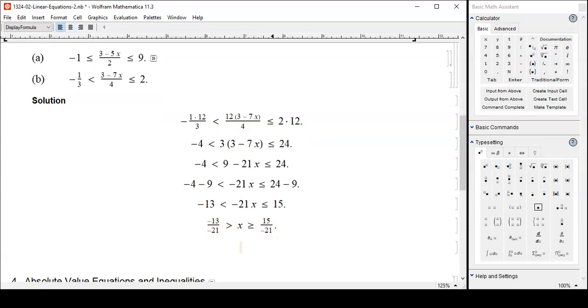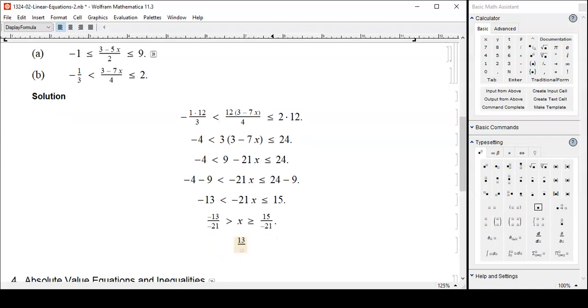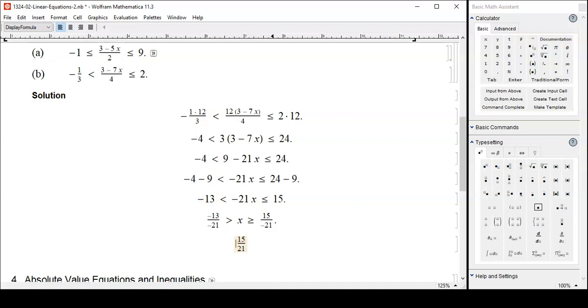And then over here, what do I have? 13 over, as a matter of fact, no, not really. Let's change the direction in the standard order. 15 over 21, negative of that, x, and then negative 13 over negative 21.